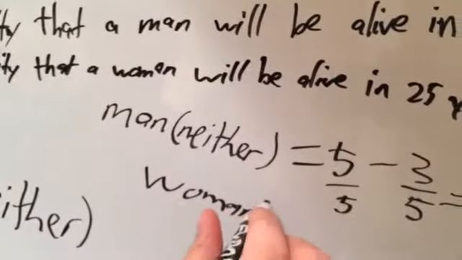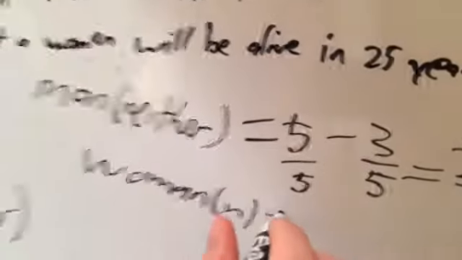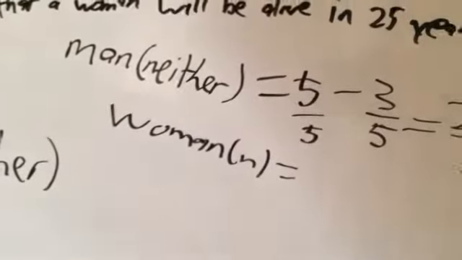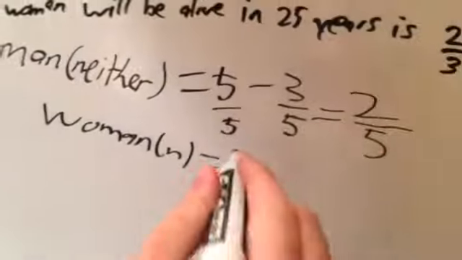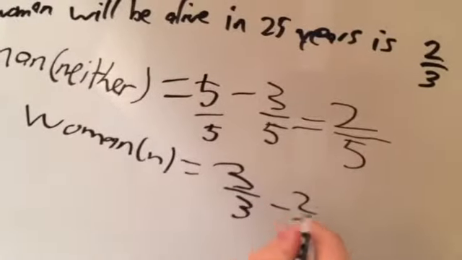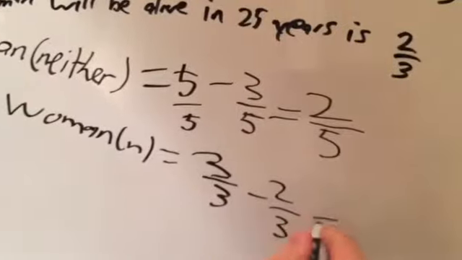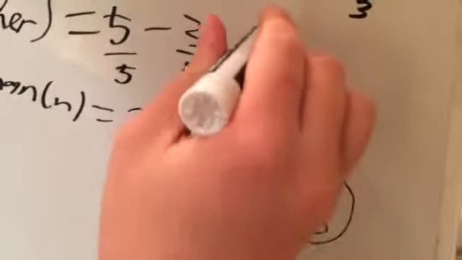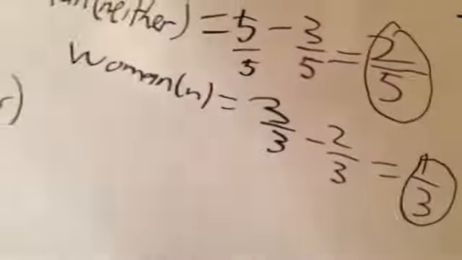And then for the woman, we do the same thing. Since it's in thirds, we'll do 3/3 for 1 minus 2/3 equals 1/3. So we'll take our two factors and we'll multiply them together over here.